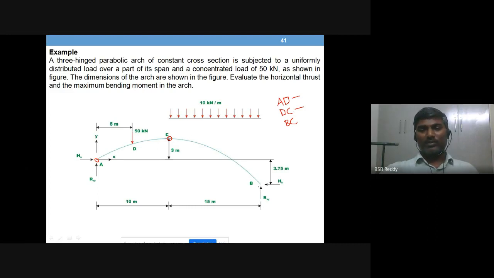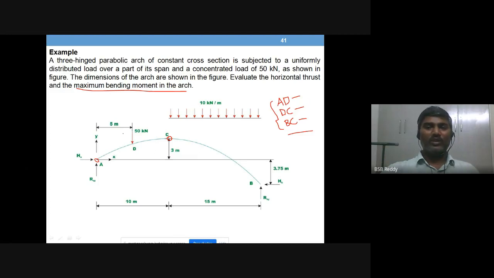And in portion BC also moment varies, so you have different values at different locations, and that also will have one maximum or minimum value. Among these three, which is maximum? That is what is asked here. What is the maximum bending moment in the arch? Each region will have its own maximum or minimum value.